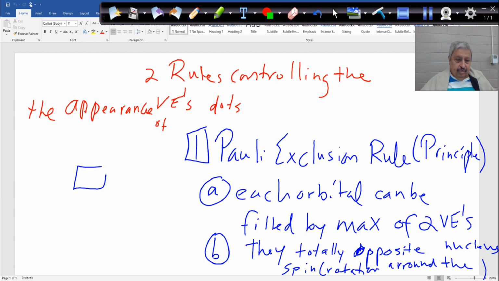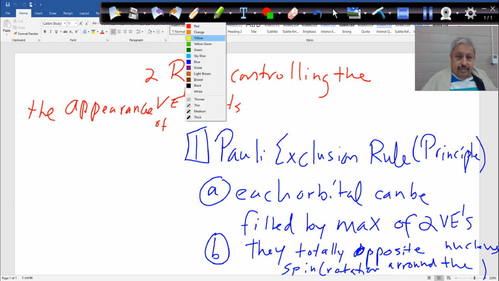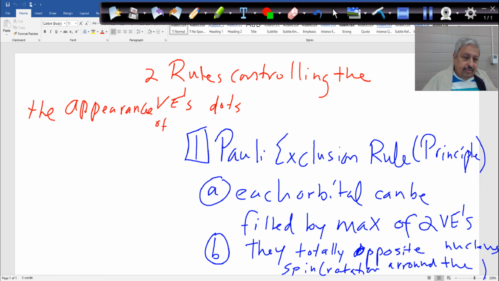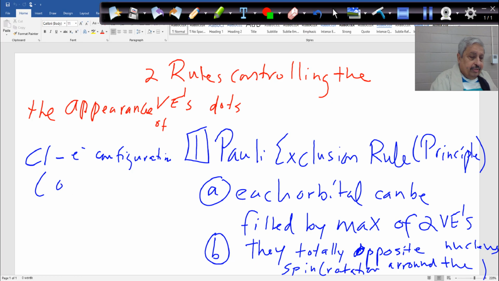I want to put the electron configuration of chlorine, for example. Now, in the electron configuration of chlorine, we have three types. But I would like to type this one here as the orbital diagram.